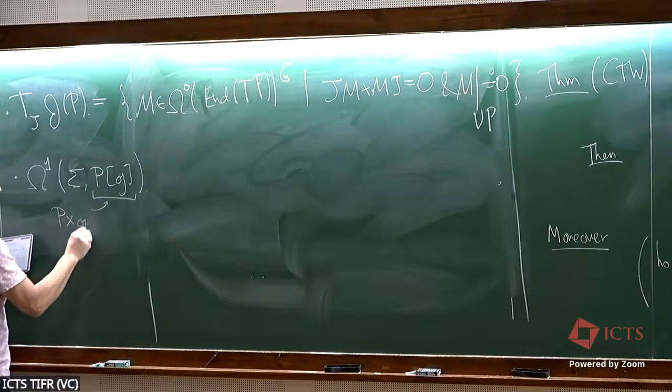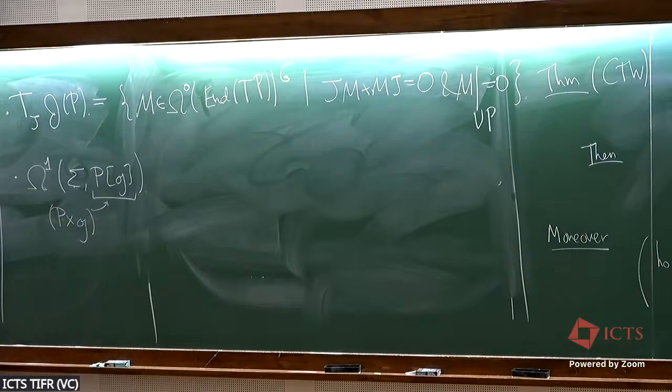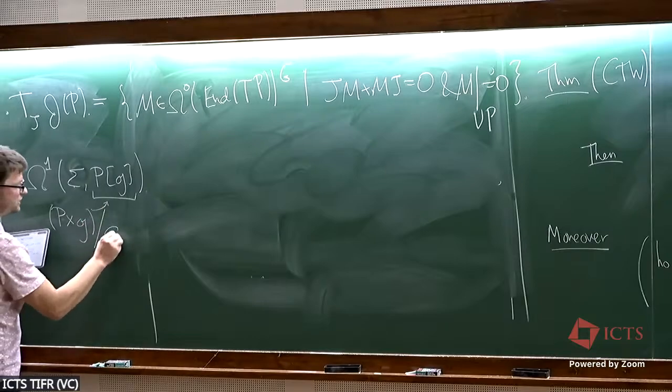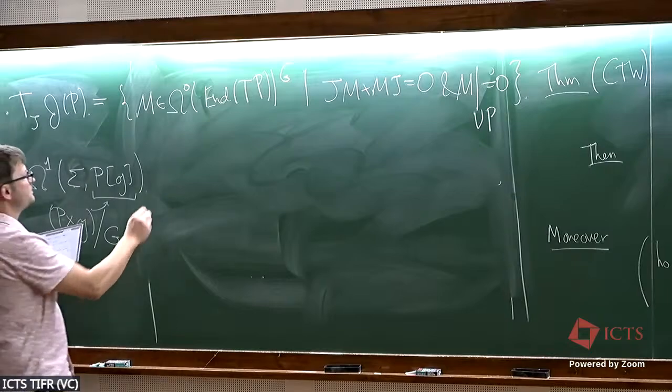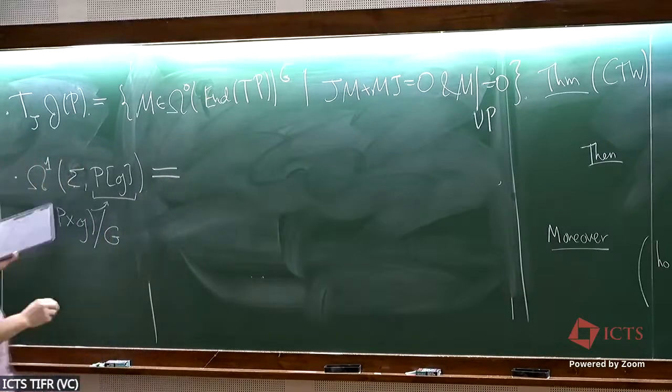So I can take the product of P with G, and I can quotient by the diagonal action, as long as I make a right action into a left action, and get a Lie algebra bundle over my Riemann surface, or over my topological surface. Okay, so that's a good important thing. These are what you think of in terms of vector bundles, I say one-forms valued in endomorphisms.